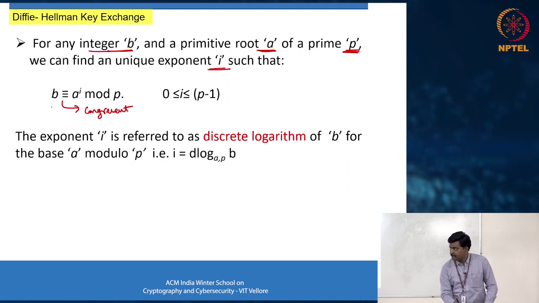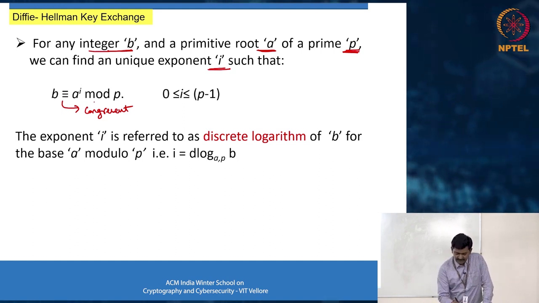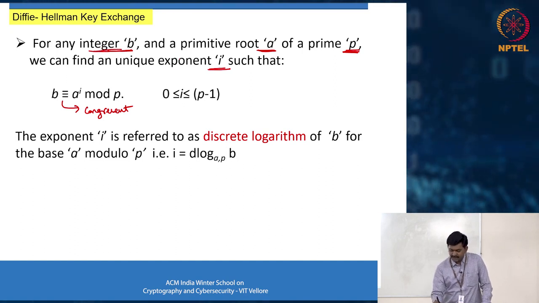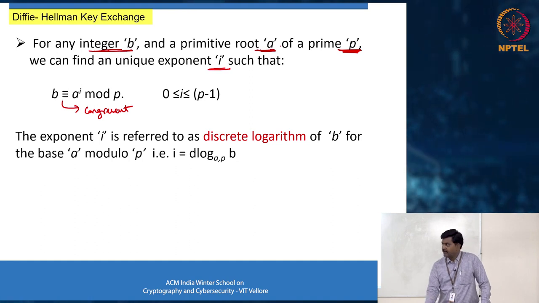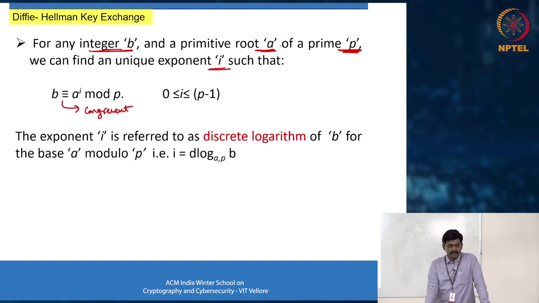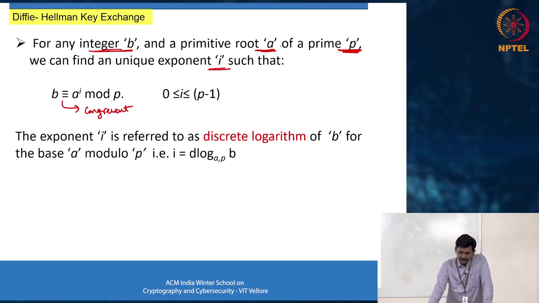So this is b is congruent to a power i at mod p. So now what is the definition we say? Imagine for any integer b, there is a prime number p and its corresponding primitive root a, then what does it say? We can find a unique exponent i in a way that b is congruent to a power i mod p.